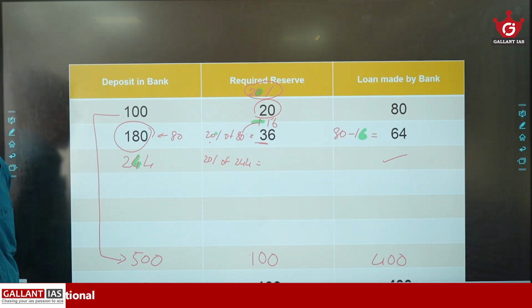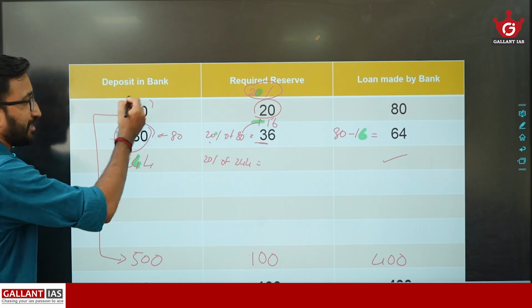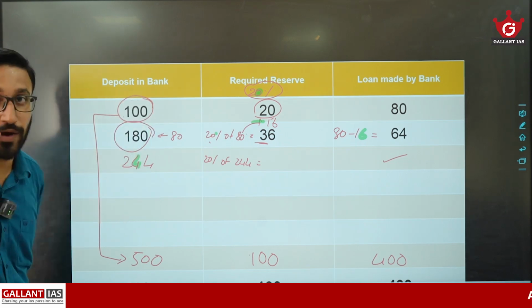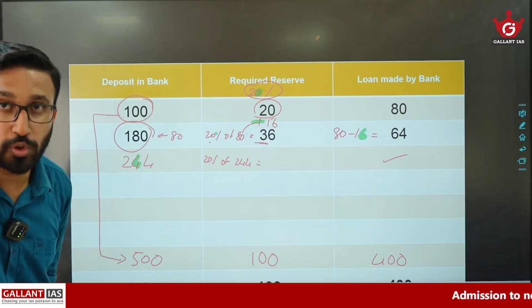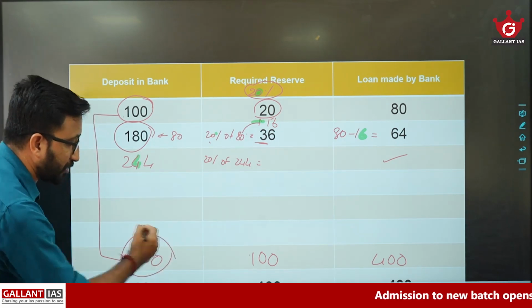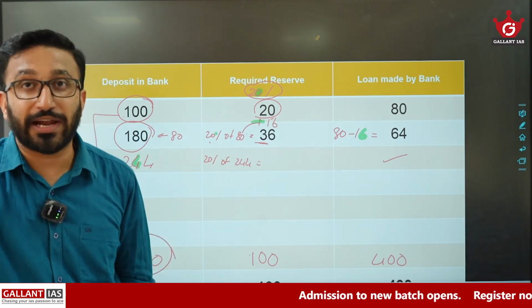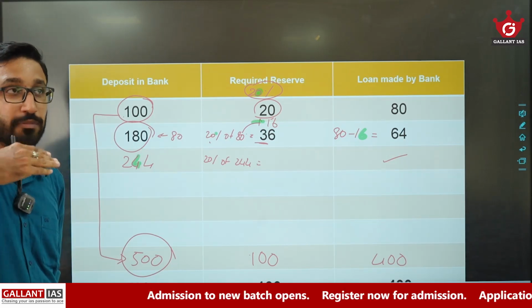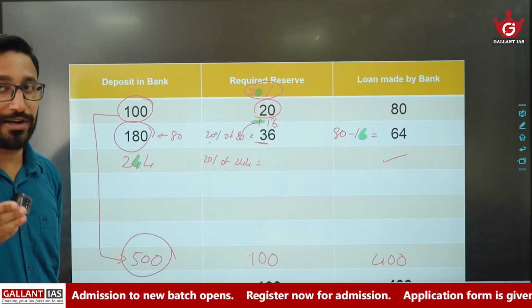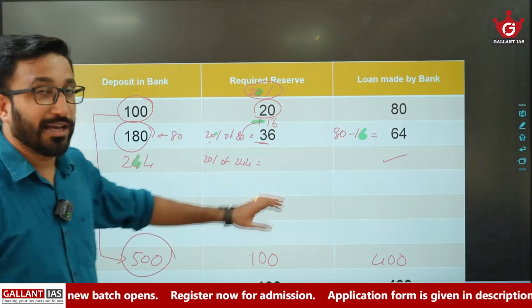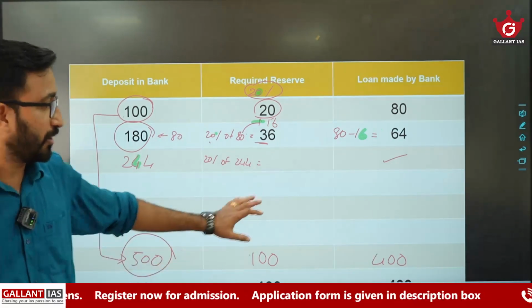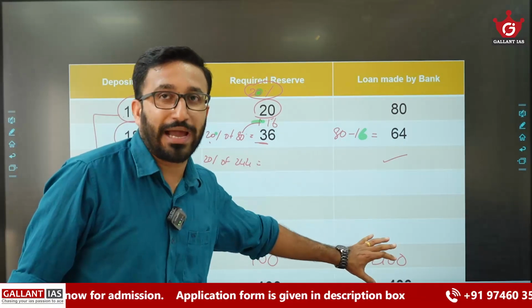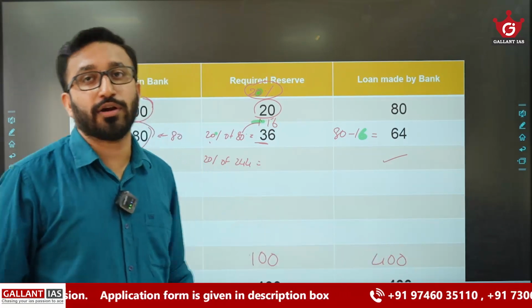Look at the accounting. From an initial deposit of 100, the deposit has grown to 500 rupees. That's a 5 times growth in the deposit, and after this growth the bank can loan 400 rupees.